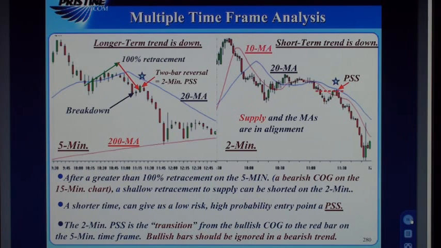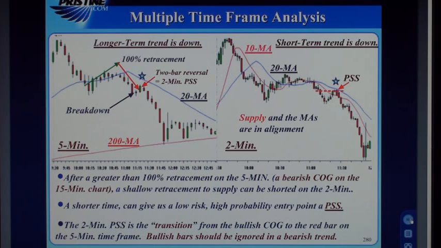The PSS on the 2-minute chart is the transition from the green bar into the red bar, and then the move lower. Those that are using the 5-minute chart would just be shorting under the red bar's low. If you want to refine with the 2-minute chart, here you're getting a recognizable pattern or a retracement closer to the resistance at the top of the green bar into the red.